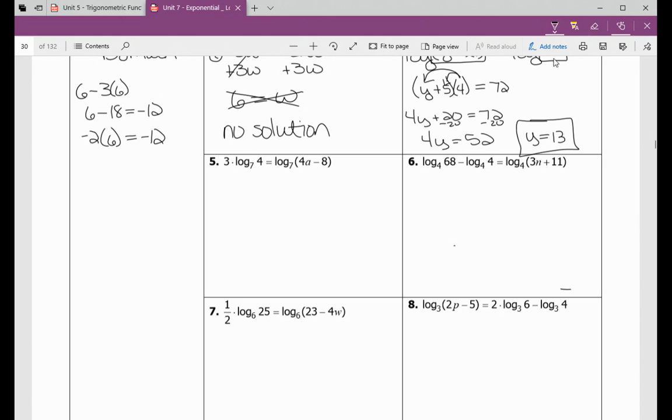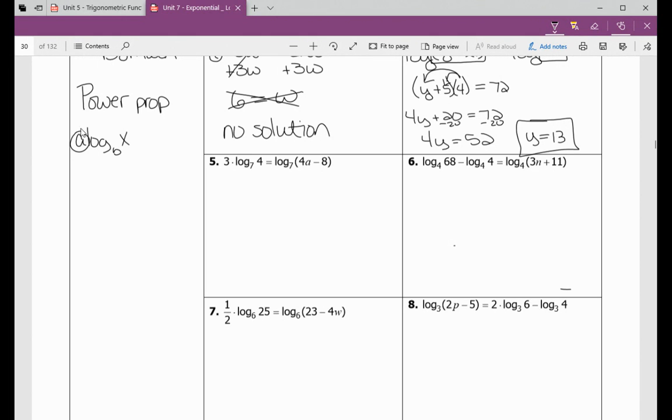Now, there is another property that I did not write at the top of your page. And this one is called the power property. It basically says if you have a log base b of x, you have a multiplier, a, times the log.